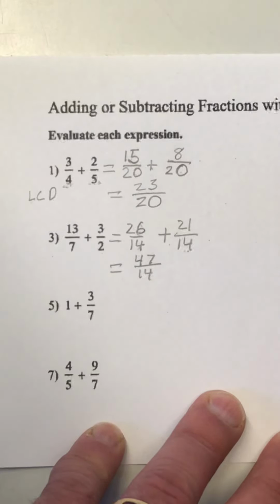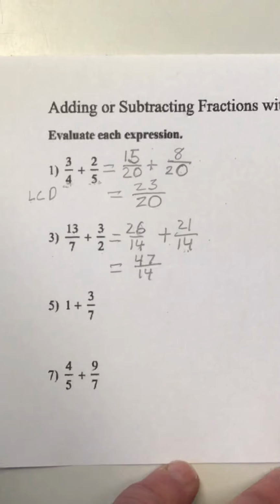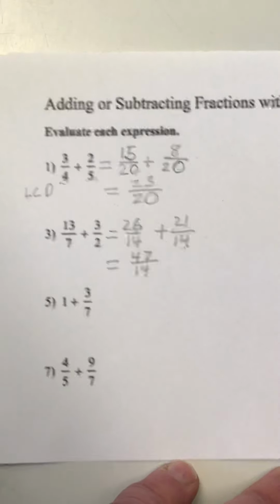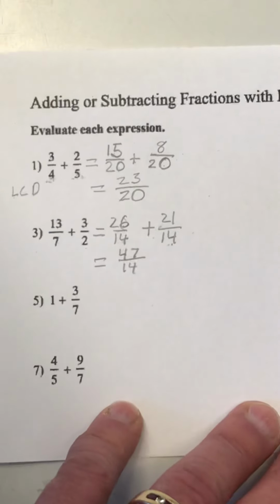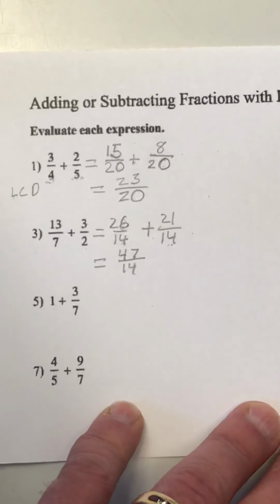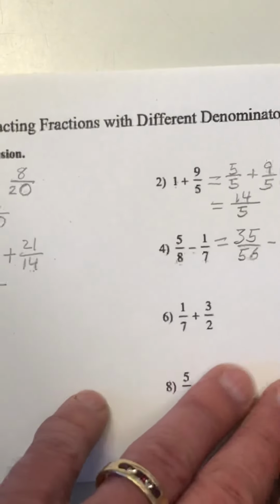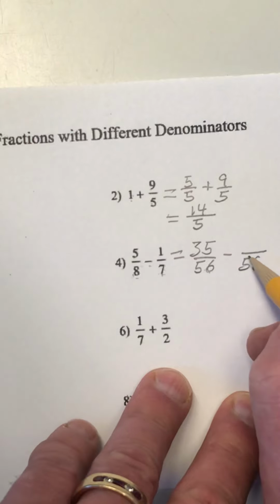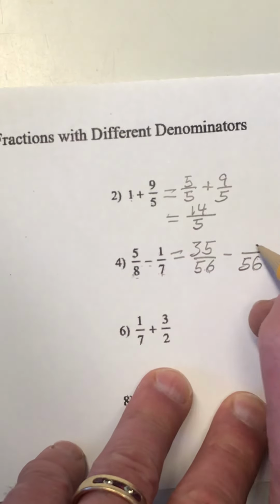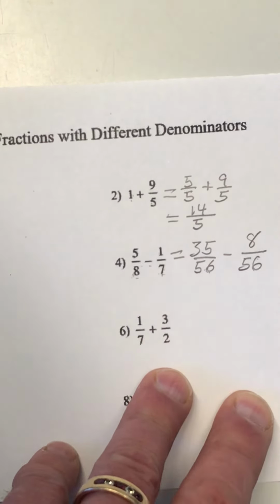Okay? Well, 8 will go into 56 how many times? And 7 times 5? Okay. 7 will go into 56 how many times? Okay. And 8 times 1? Okay.